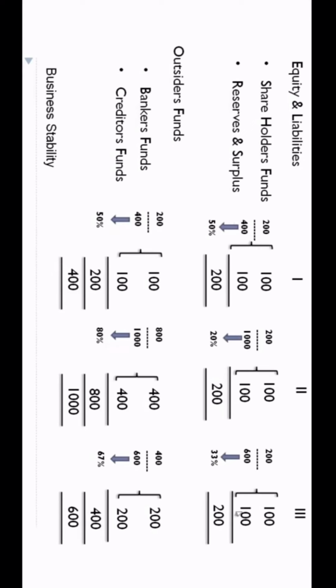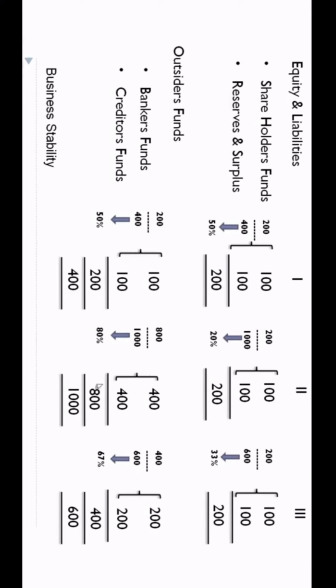Here it is not as good as in scenario 1. In scenario 3, the owner's contribution is 33%, whereas outsiders is 67%. If they start withdrawing the support or if they start asking for the payment, they'll find a little bit of difficulty, but it will not be as bad as scenario 2, because in scenario 2 the owner's contribution is only 20%, whereas outsiders contribution is 80%, and these guys are actually running the show.